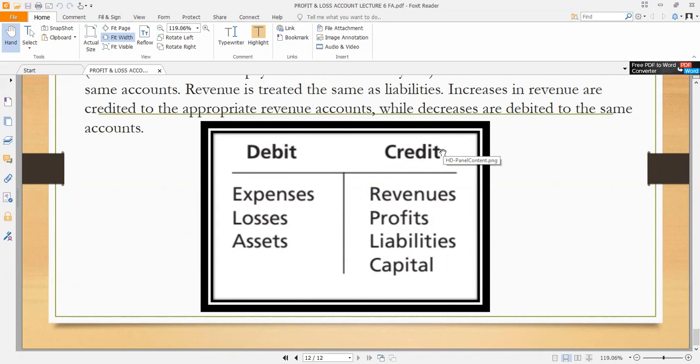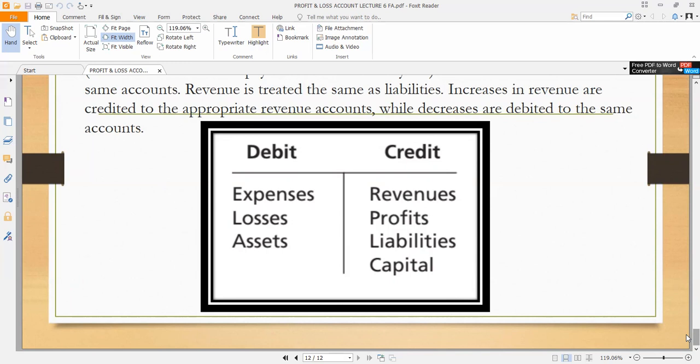It has been a wonderful session to be with you. I want you to go ahead and look for more examples and see how best you can get through the profit and loss account.